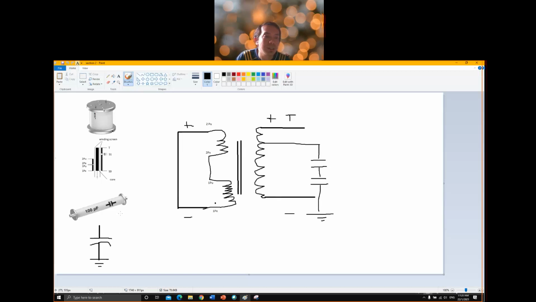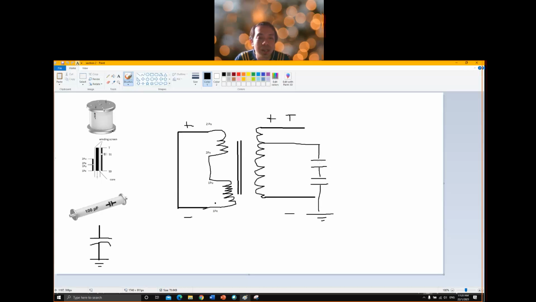I connect the transformer and capacitor to make a voltage divider. As we know, a capacitor is also known as a voltage divider. Then I label 2PU, 2PUX, 1PU and 1PUX as positive and negative.